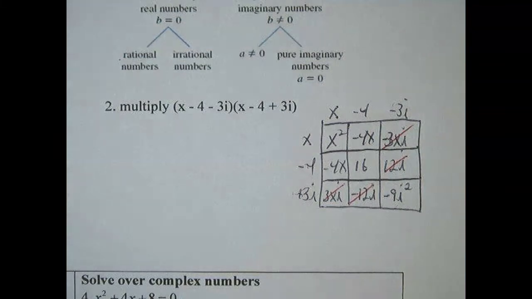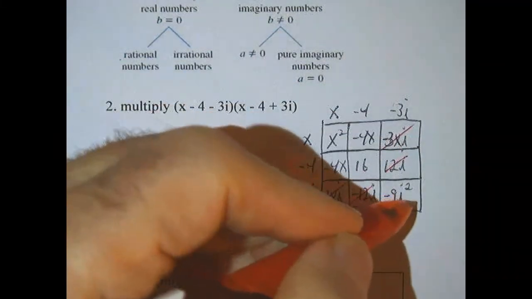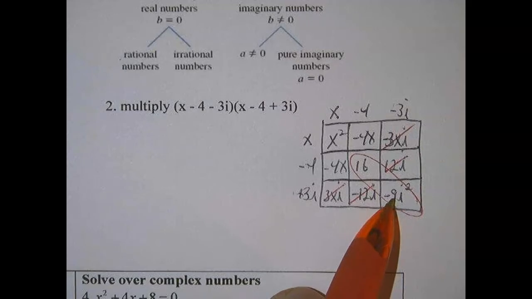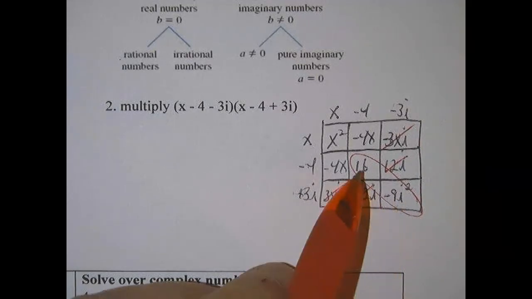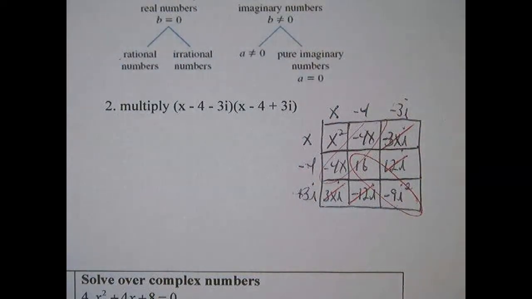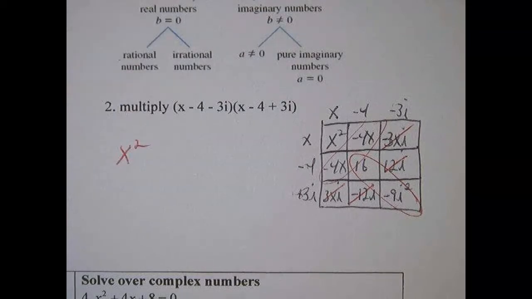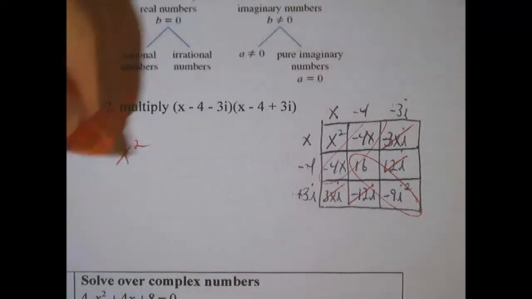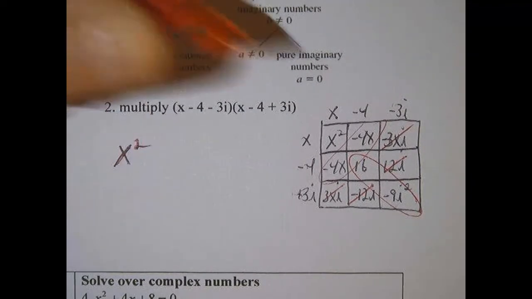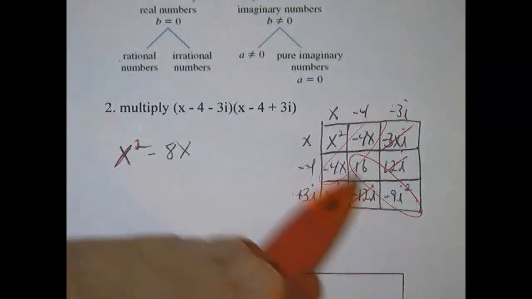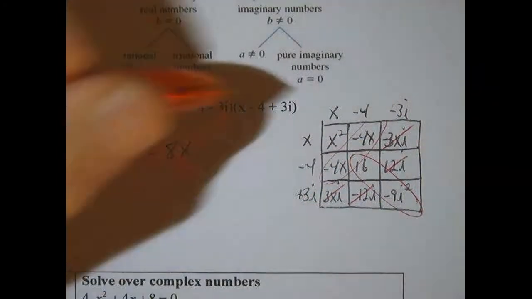Plus 12i and minus 12i cancel. And then these are like terms, right? Because this is a 16 and negative 9 times negative 1 is plus 9. So these add up to 25. And these are like terms. They add up to negative 8x. So what we get here for our product is x squared minus 8x and then plus 25.